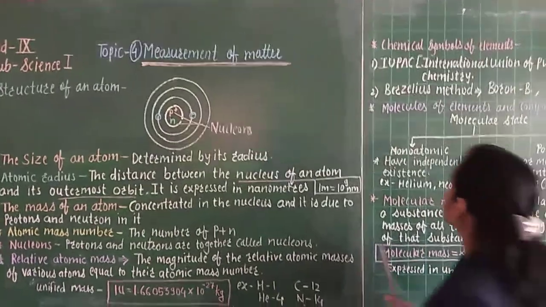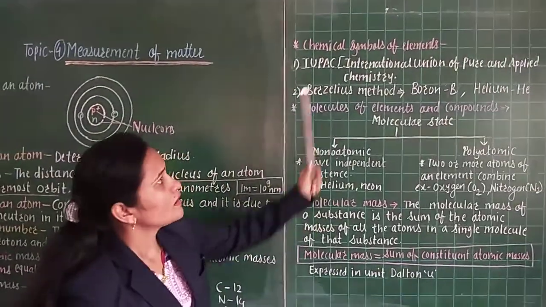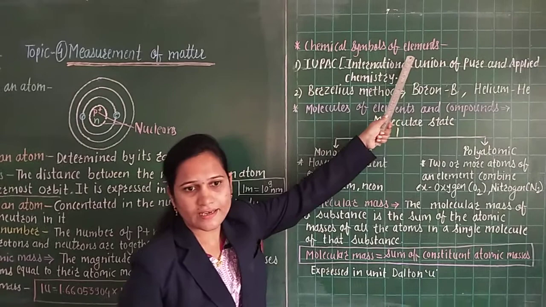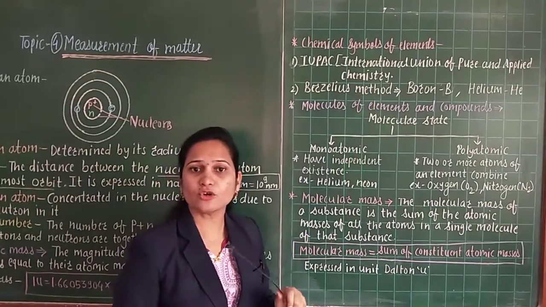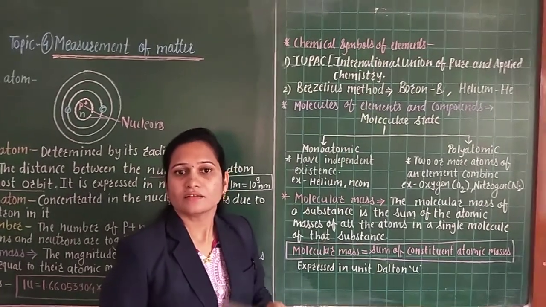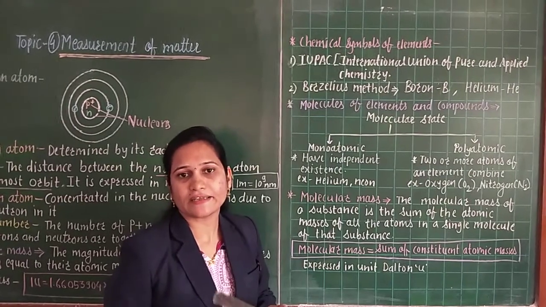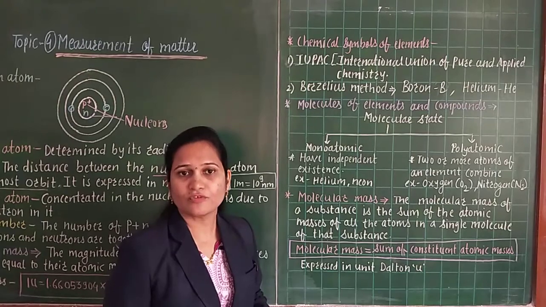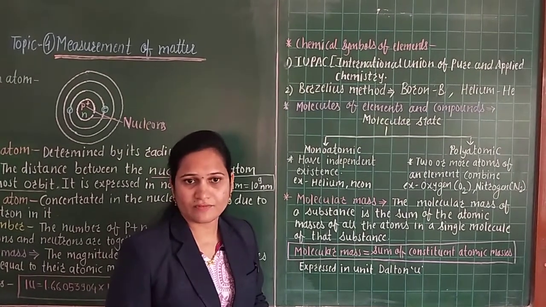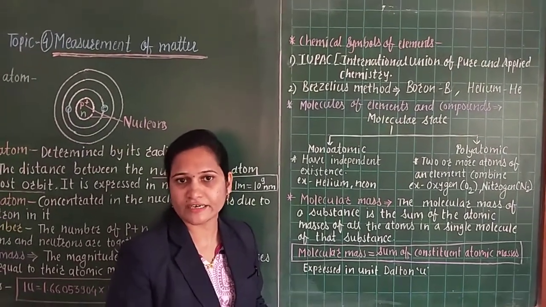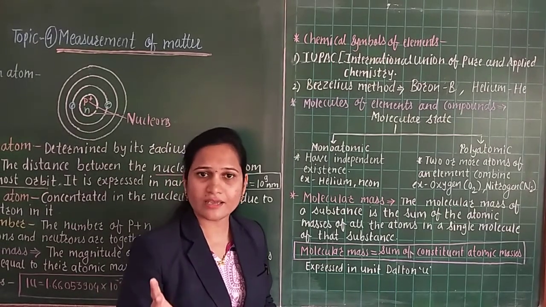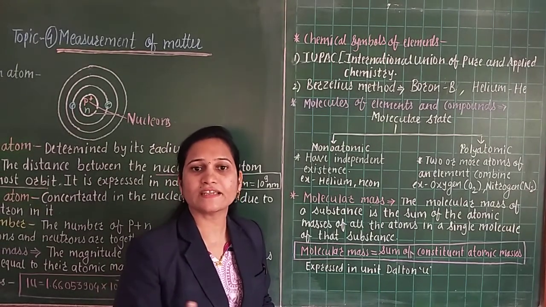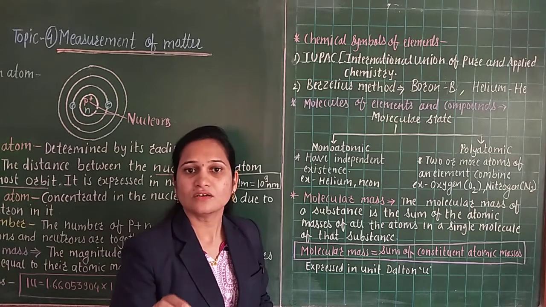Now we will move towards our next point, chemical symbols of elements. Already you know that in chemistry elements are indicated by their symbols. Symbols are used when we write a chemical equation. Two types of equations you have studied, word equation and chemical equation. But while writing a chemical equation, you need to write the symbol.